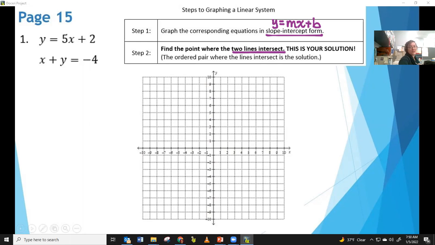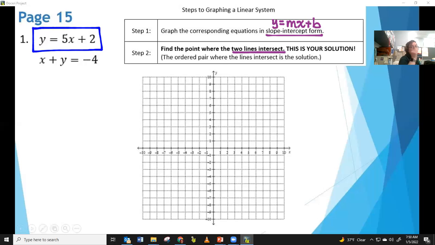When I look at the two equations they gave me, are either one of those in slope-intercept form already? And if so, tell me which one. The y equals equation, yep. So this top one right here is already in slope-intercept form. Let's go ahead and graph that one first.